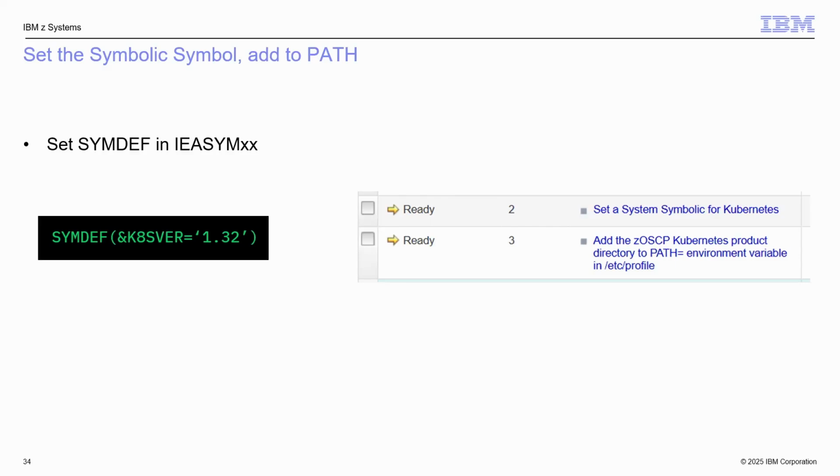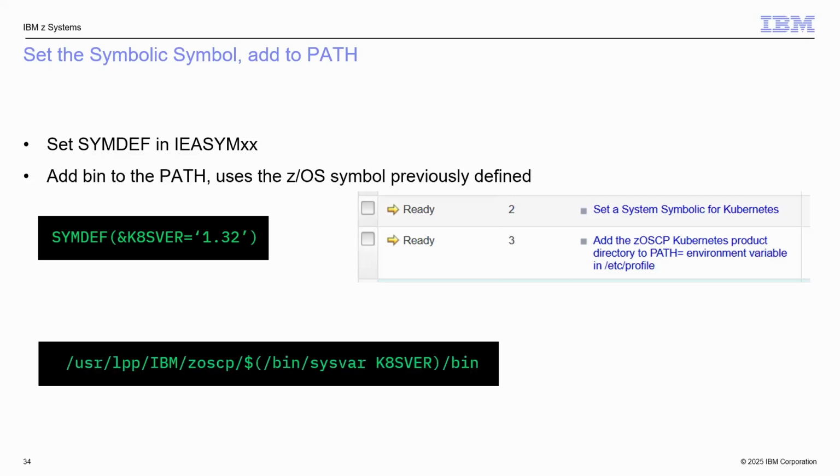So this symbolic symbol will tell Cryo and Kubelet, as well as we define a path, where to look for these binaries and executables at any given time. So in this case, this path would resolve to zOSCP/1.32/bin, and that's where we would look. And this symbolic symbol will need to be updated if you ever perform an upgrade and put it at whatever version you are currently at so that you have the right Cryo and Kubelet versions being run.